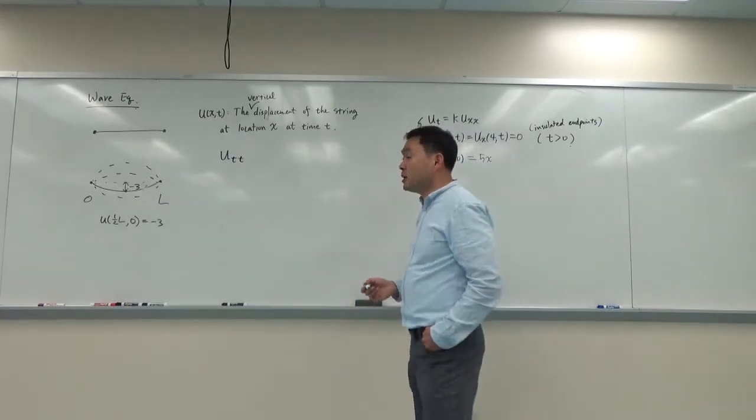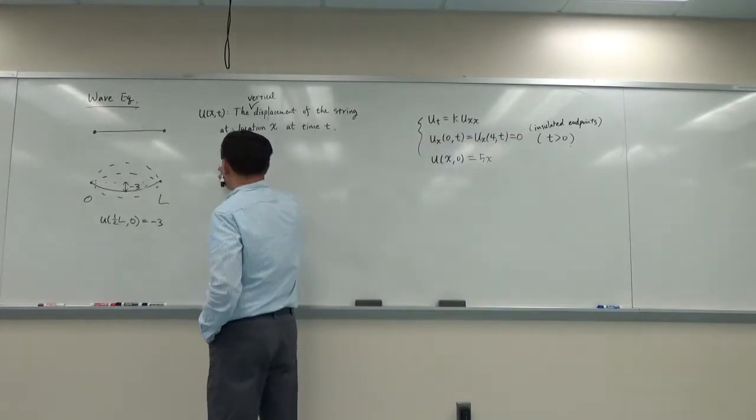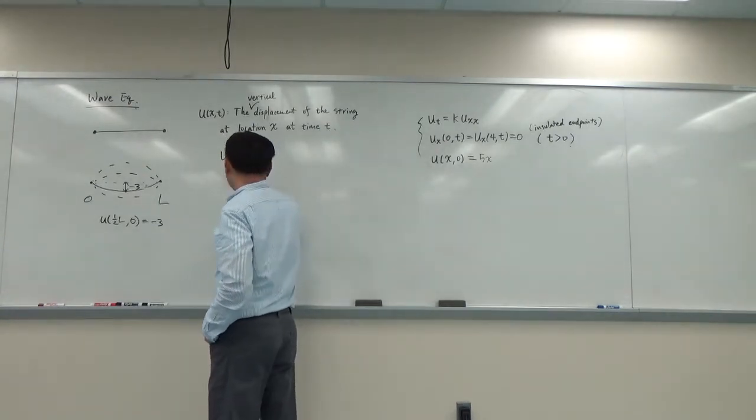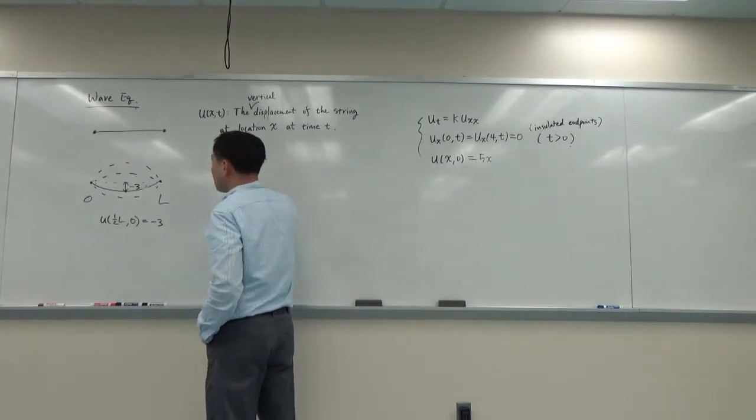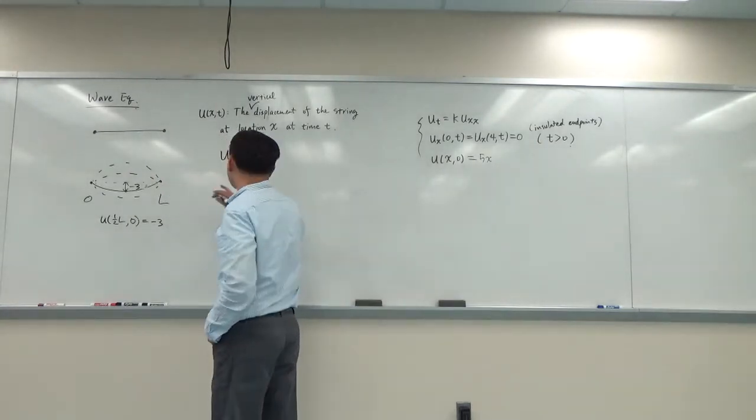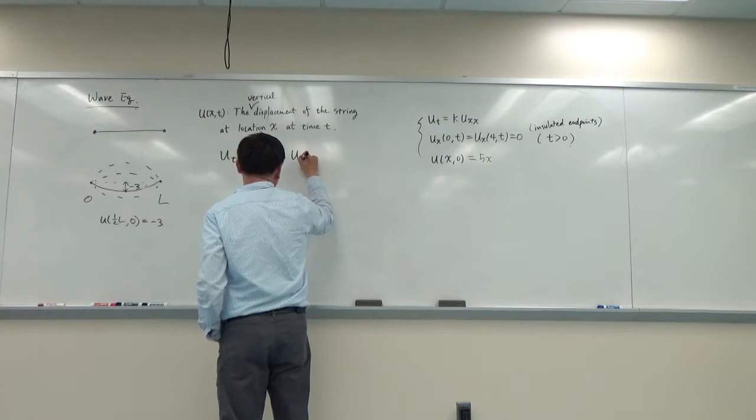Okay. And then you see that this gives you the acceleration. Acceleration should be proportional to the tension built up in this string, and the tension is again given by the second derivative.